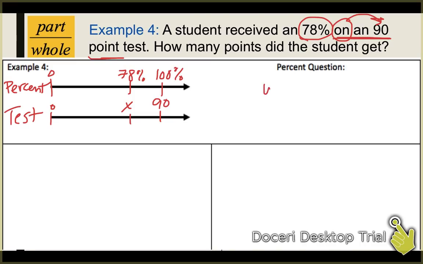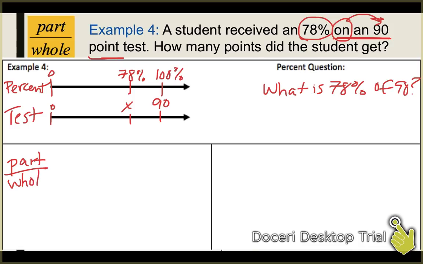Okay, so our percent question is actually going to be what is 78% of 90? Right? So using my percent proportion, I have part over whole, which means I have 78% out of 100 is equal to x over 90, right?